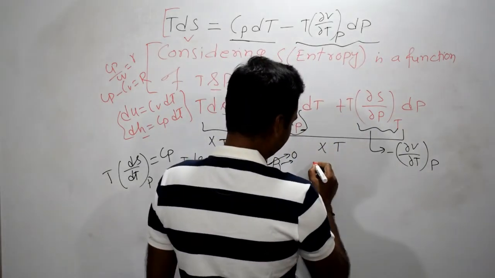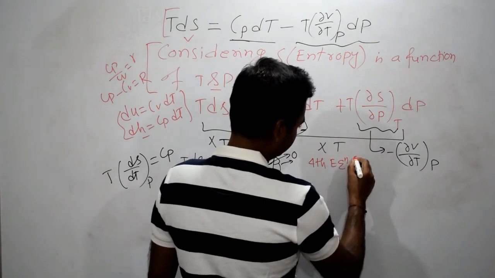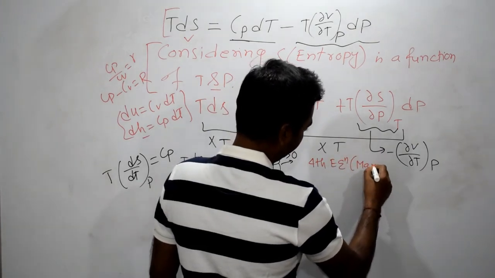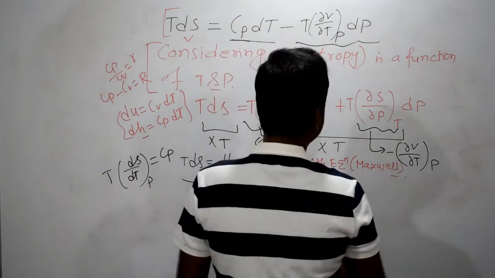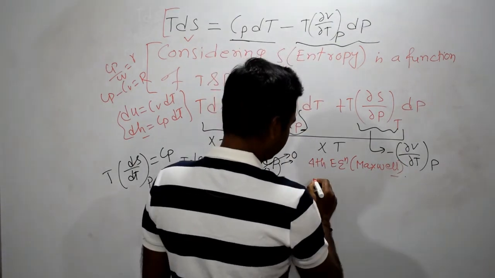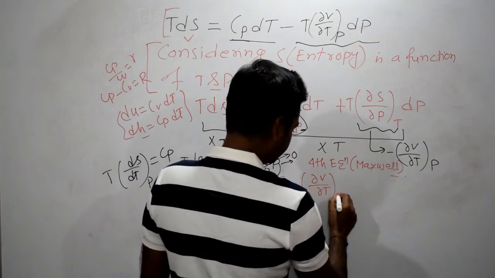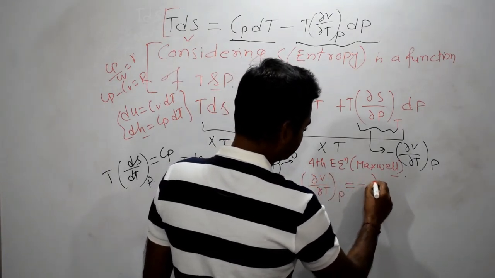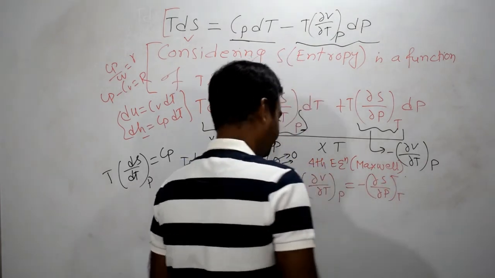So from the fourth equation of Maxwell, what we can write is (∂V/∂T) at constant pressure is equal to minus (∂S/∂P) at constant temperature.